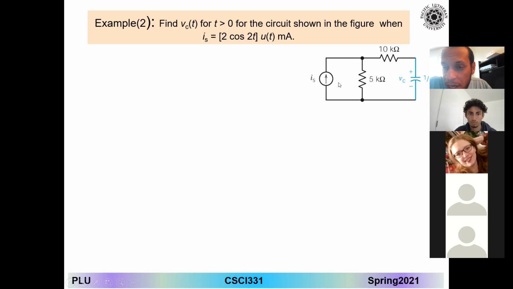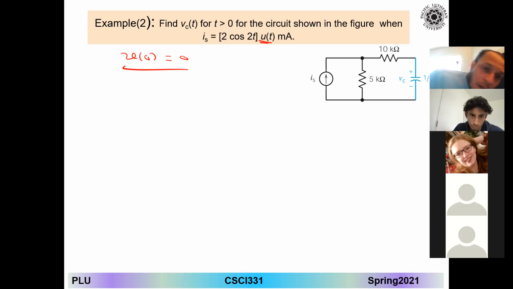I have this one open circuit, and the capacitor will be open circuit as well. You agree with that? So I don't have a source. So basically VC of 0 equals 0, because of u of t, guys. That's the reason. There is no voltage or no source before t equals 0.